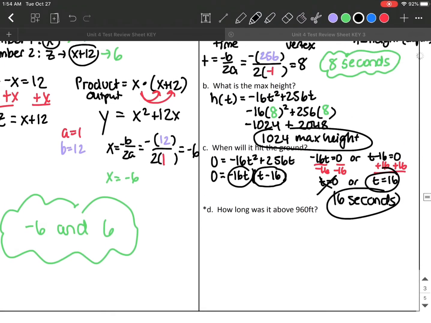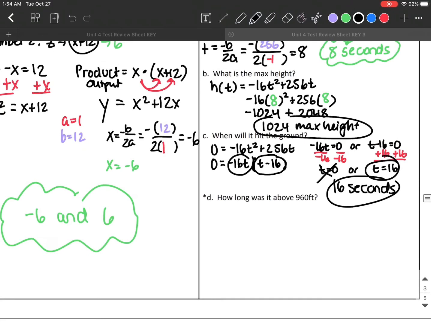And then I want to know, how long was it above 960 feet? So I'm going to have some parabola here. 960 feet is not the maximum because I know the maximum is 1,024. So it's somewhere before the maximum. I need to find how much time has passed between this point and this point.